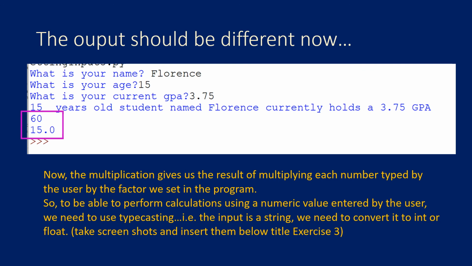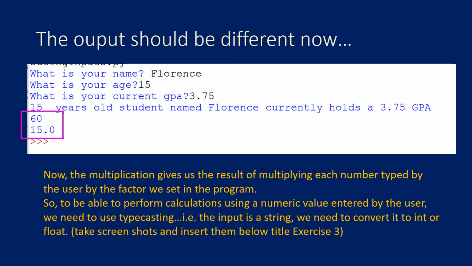So in my case, I typed in the name Florence, and then for the age, I typed in 15, and the current GPA, I kept it as 3.75 like before. So now the sentence remains the same, and then the calculations get performed.